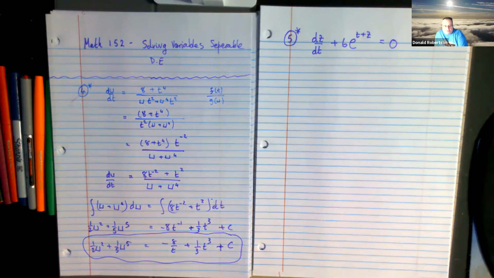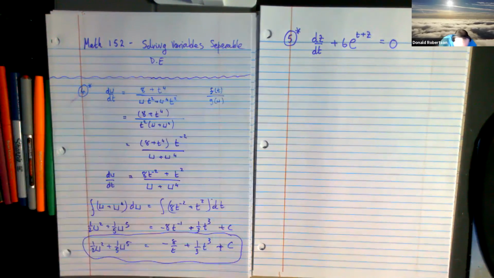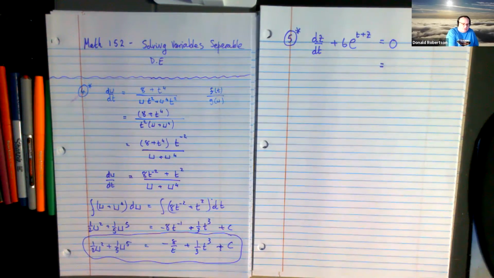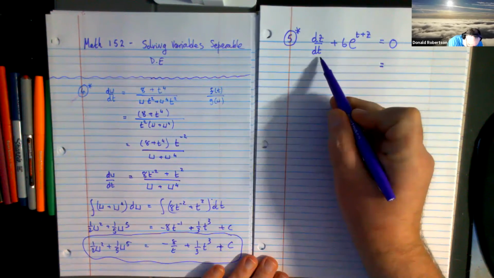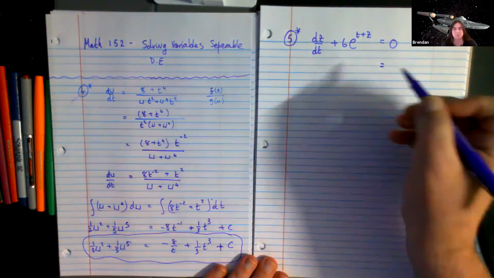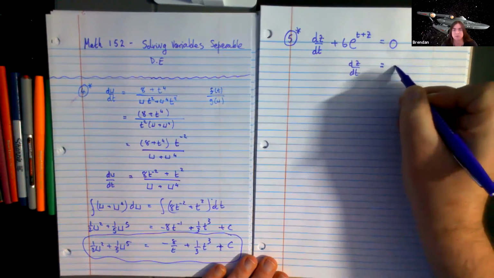So it's typical in these kinds of questions that we have to fix it so that it does look like this fraction format. What should I do to both sides to get it closer to what I need it to be? What should I do to both sides? Subtract 6e to the t plus z. I think that's it. Correct.